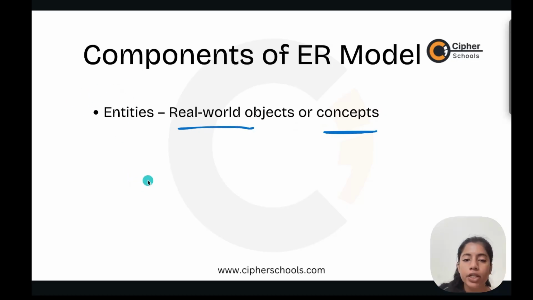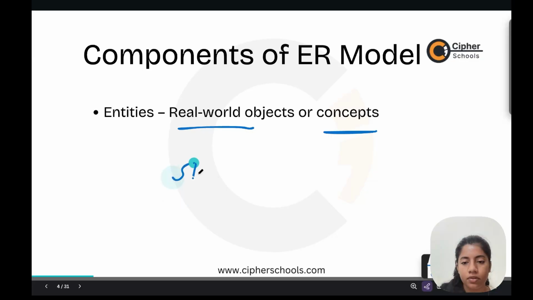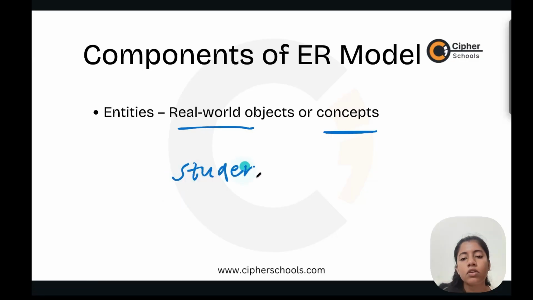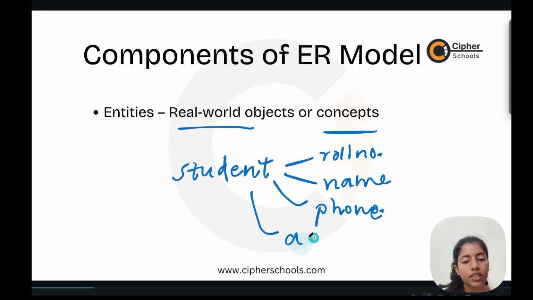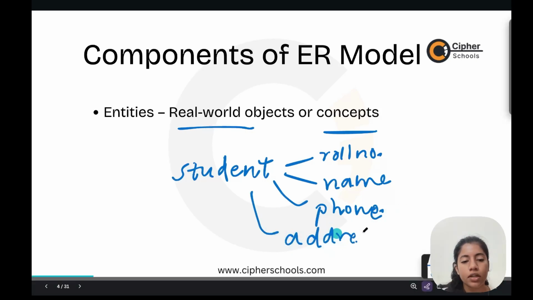Now, let us take a particular example of an entity which is student. To define the student, what can we have? A student has a roll number, right? Then a student can have a name. Then the same student has some phone number. Then the student lives at some place, so address.